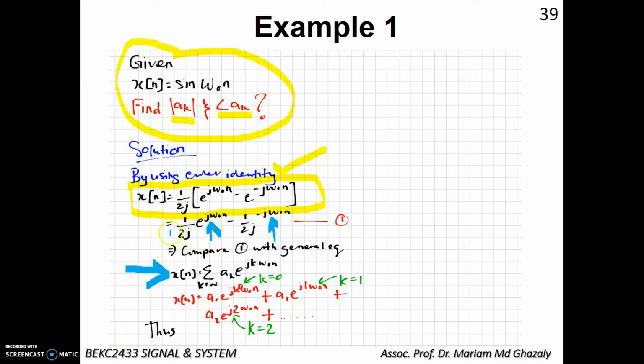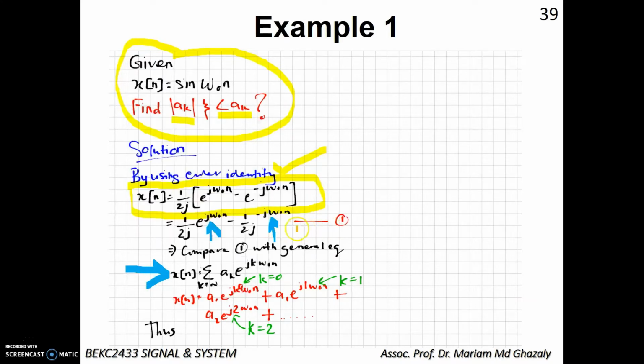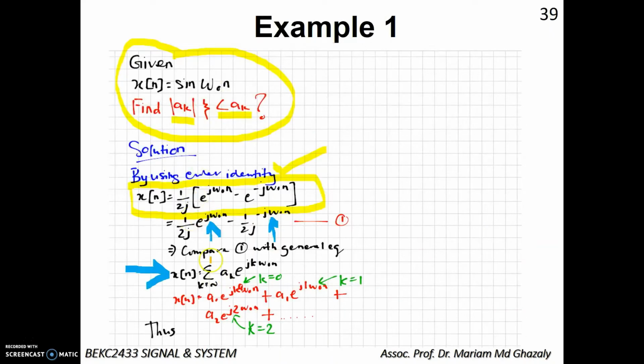So from here you can directly see the equation for magnitude. For a_0, you find out that there is no value, so a_0 is 0. For a_1, you look at this comparison with this equation.